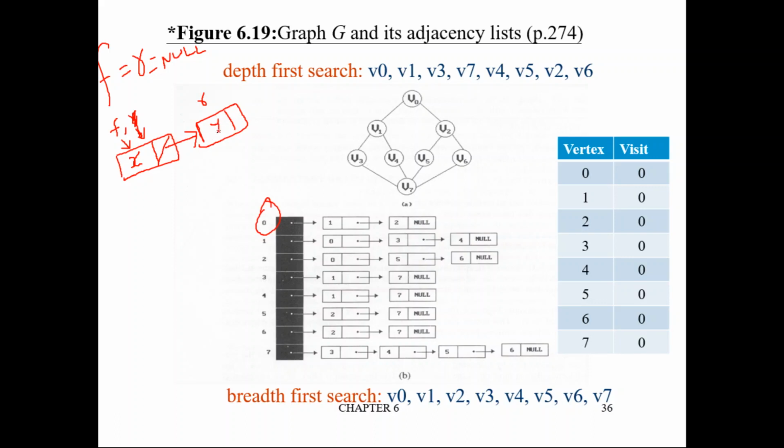Say this is y. Now if you add one more element, say z, rear will point here. Now if you add one more element, say a, rear will point here, and this will be null.